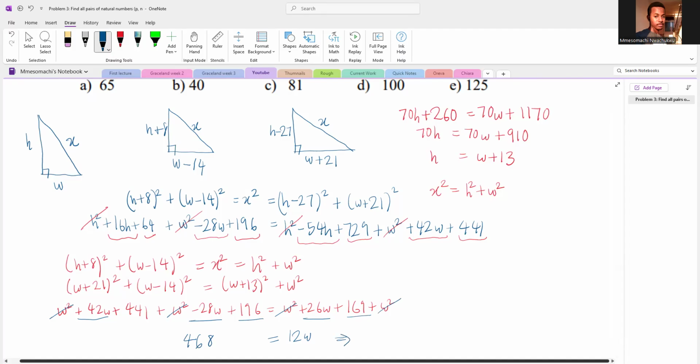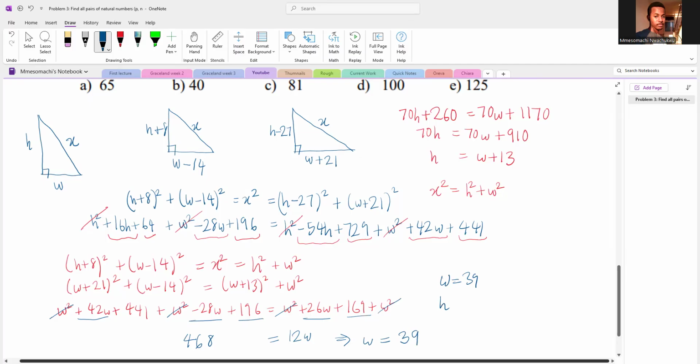So this implies that W is equal to, 12 will go into 46, we'll have 3, remainder 10. So 12 will go into 108, that's 9. So we have W is equal to 39.